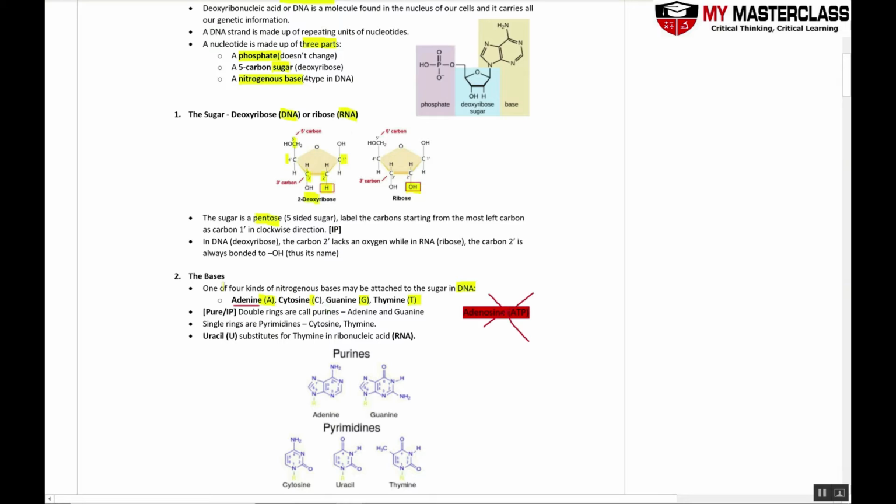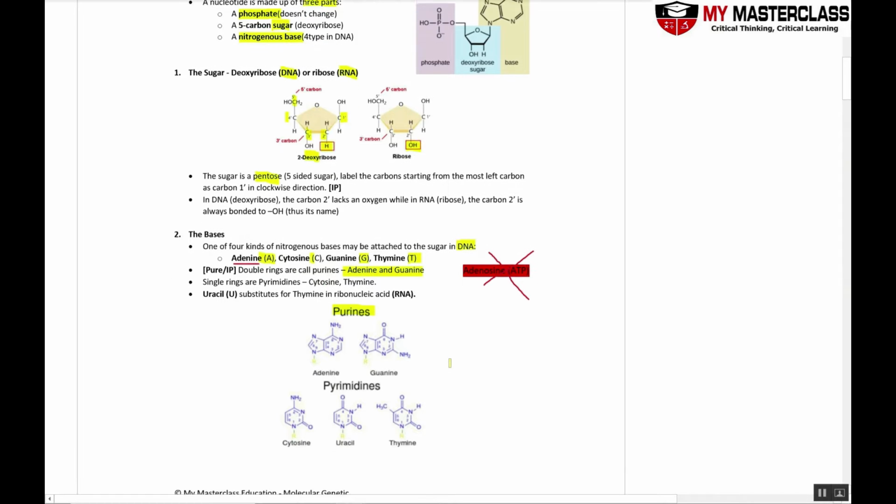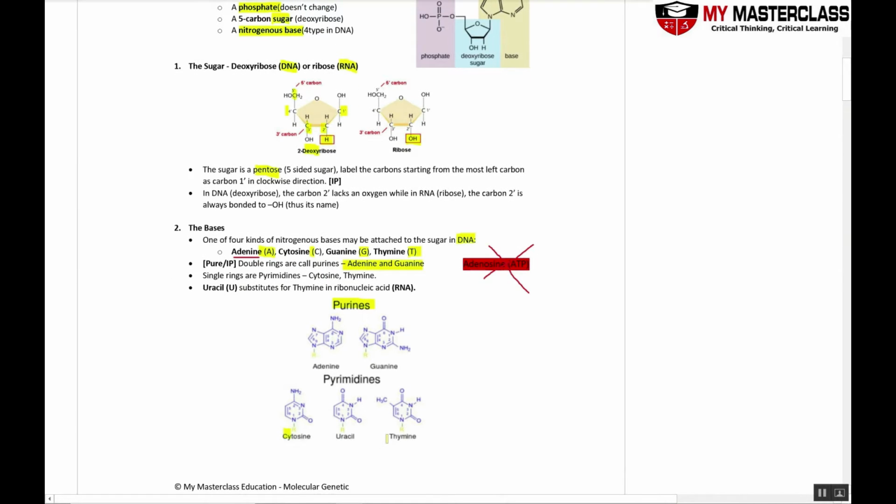Okay, so once we understand that there are the 4 types of nitrogenous bases, A, C, G, T over here, A and G is what we classify them under the group of purines. Okay, whereas for C, cytosine, and T for DNA itself is classified under pyrimidines. So we can see the difference over here.